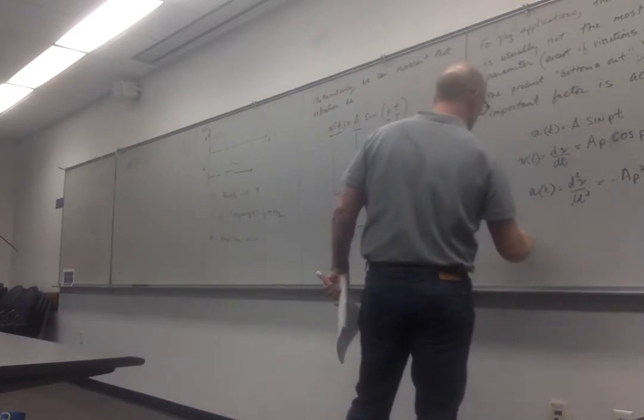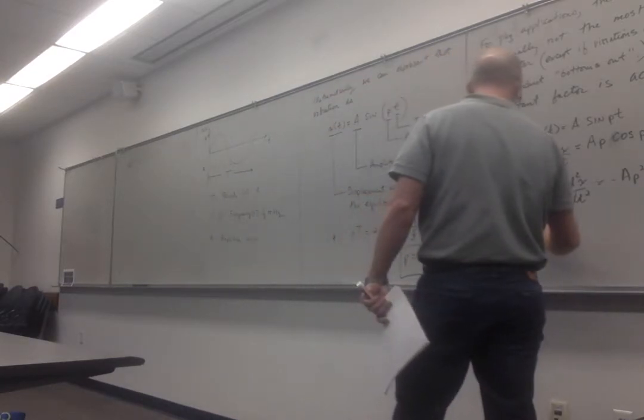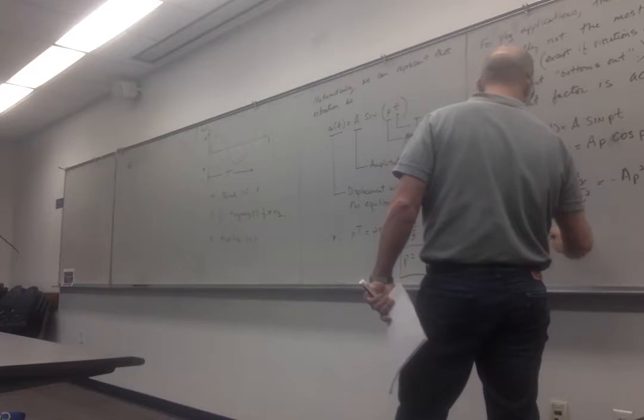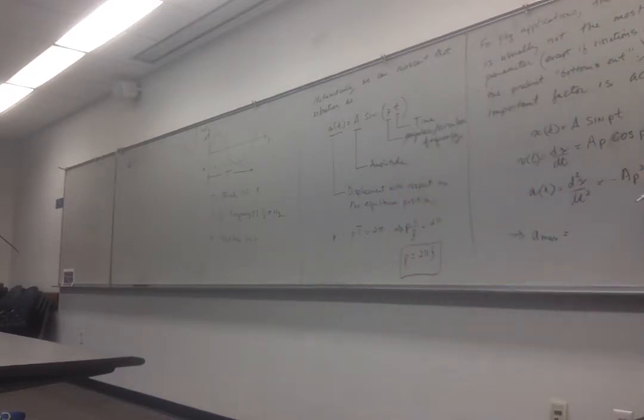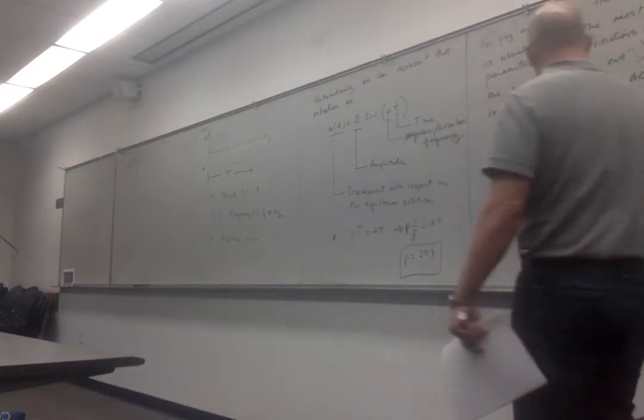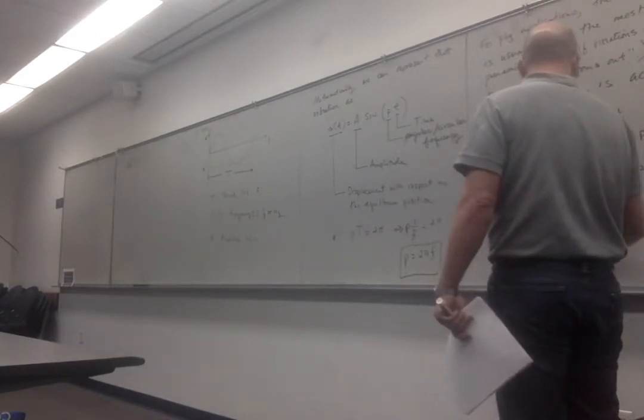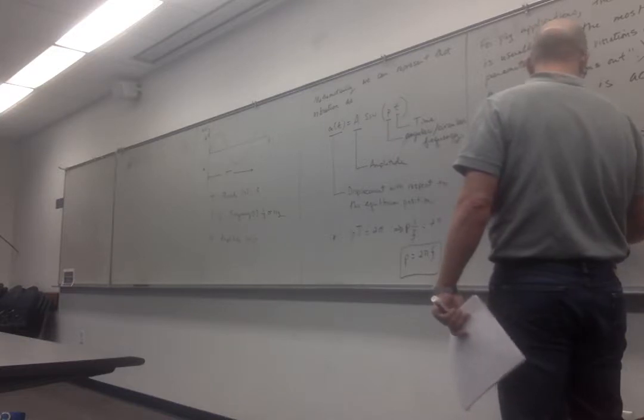That means that the maximum acceleration is going to happen when that sine function takes its maximum value, which is 1. So it's going to be plus or minus A p squared.